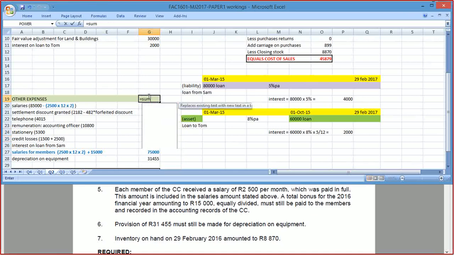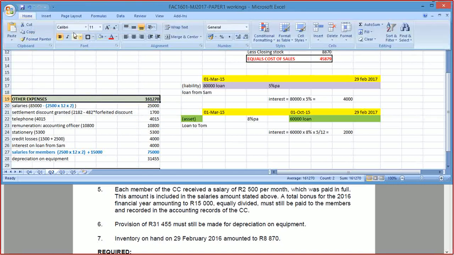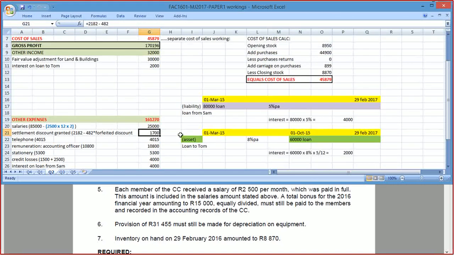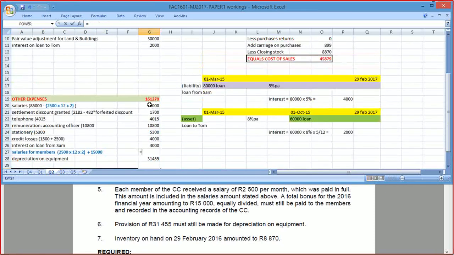Now we need to sum up all the expenses. Gives me that total, the other expenses. Okay, so final total will be gross profit, this total, plus that total, minus other expenses. Okay, so profit before tax.